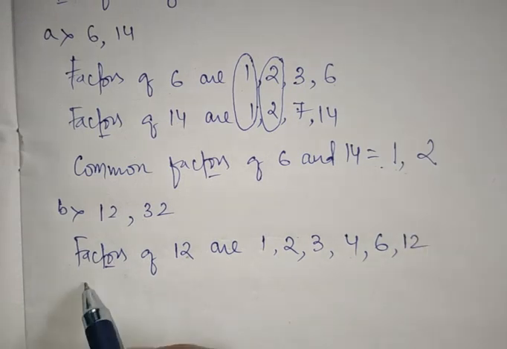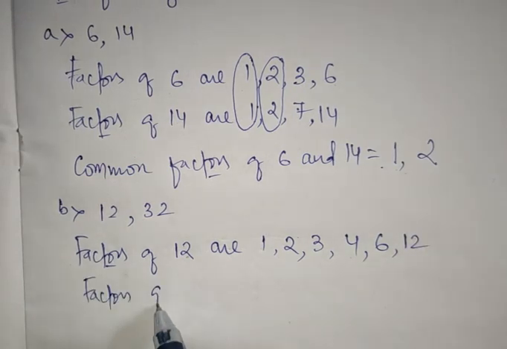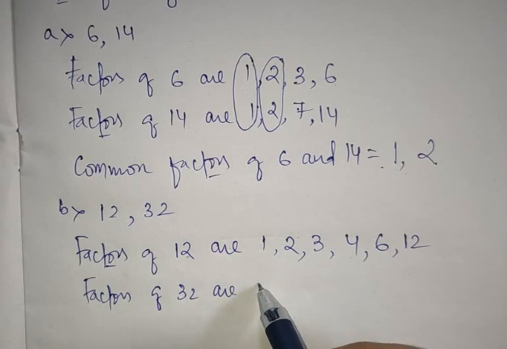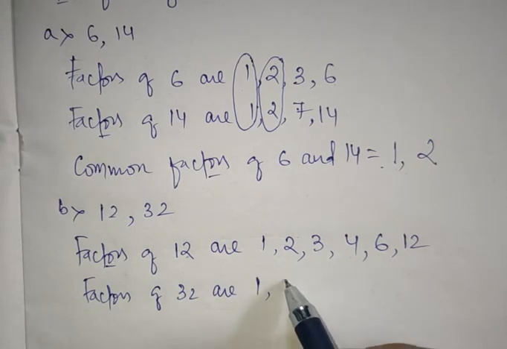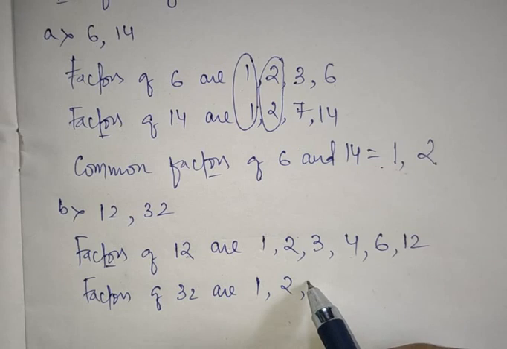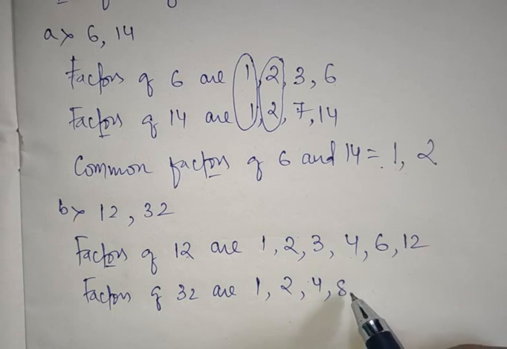And next, factors of 32 you have to find. Factors of 32 are 1 into 32, 2 16s are 32. 3 cannot divide, so 4 is possible, 4 8s are 32, or 8 4s are 32.